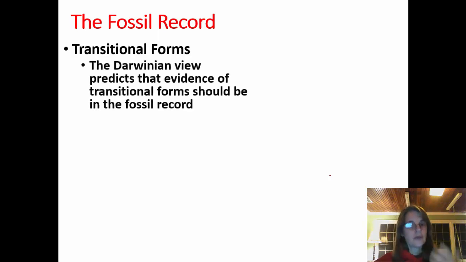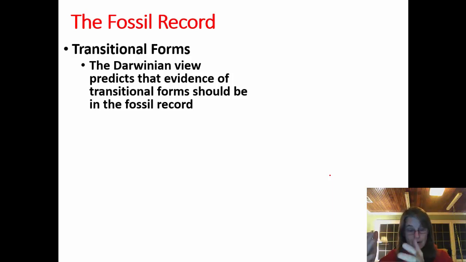One thing that the Darwinian view of this fossil record predicts is that transitional forms should appear in the fossil record, meaning organisms that are not quite one thing but not quite another, something in between.